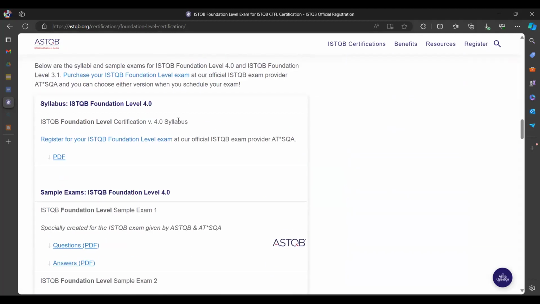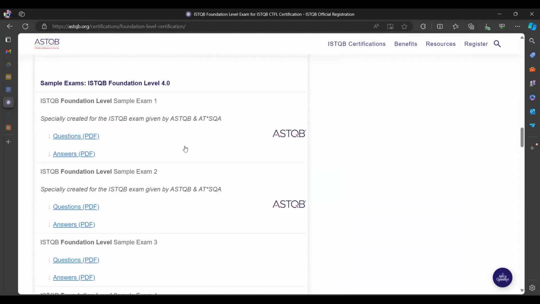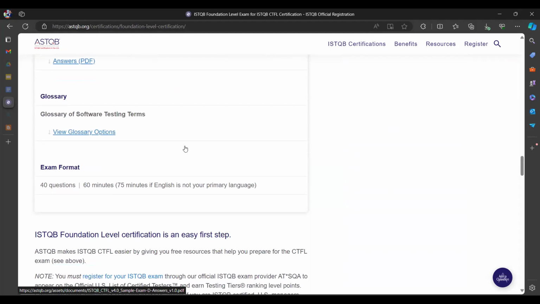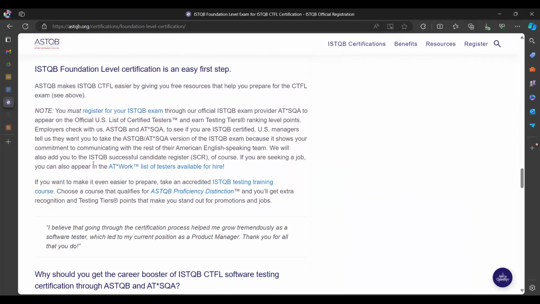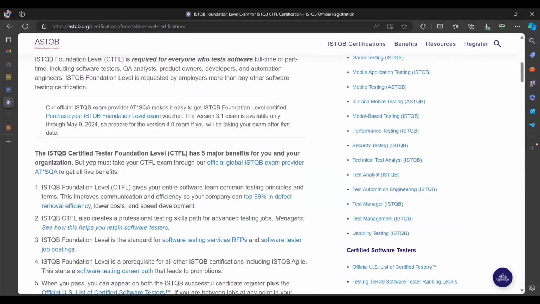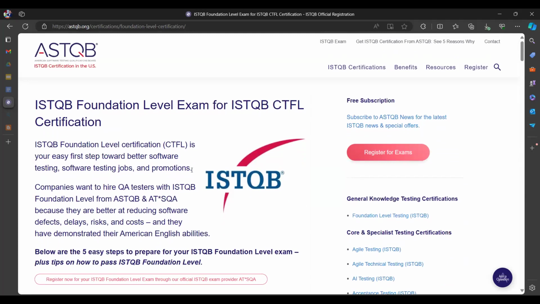This is a complete syllabus as a PDF document. Sample exams are there. Lots of different things here. So at the end, it's 40 questions in 1 hour. In case you're interested in building a software testing career.